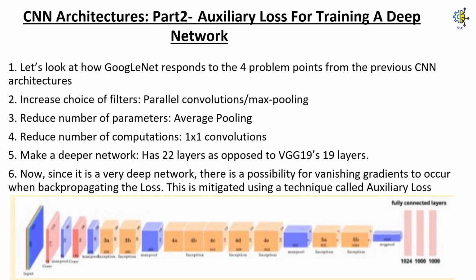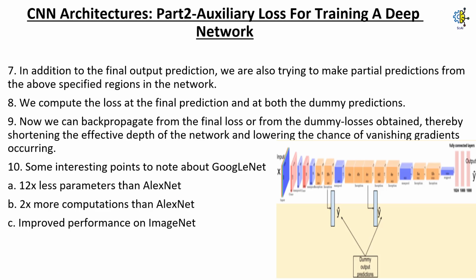Now, since it is a very deep network, there is a possibility for vanishing gradients to occur when backpropagating the loss. This is mitigated using a technique called auxiliary loss. In addition to the final output prediction, we are also trying to make partial predictions from the specified regions in the network.